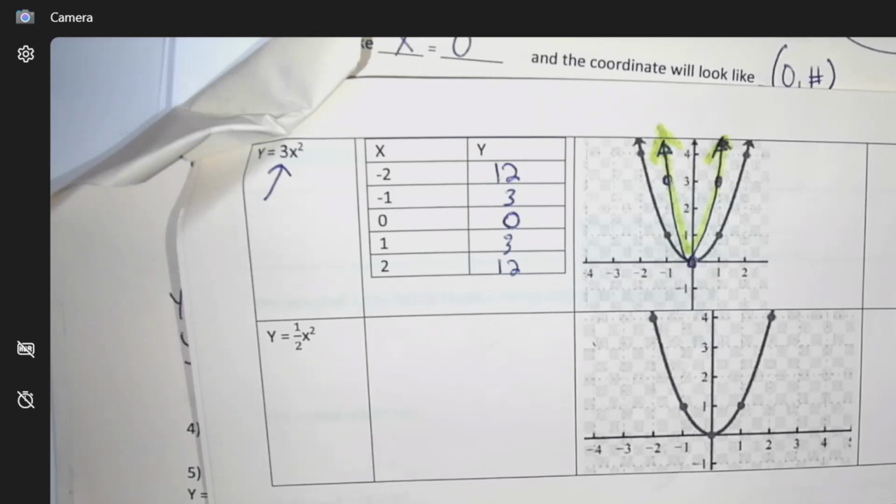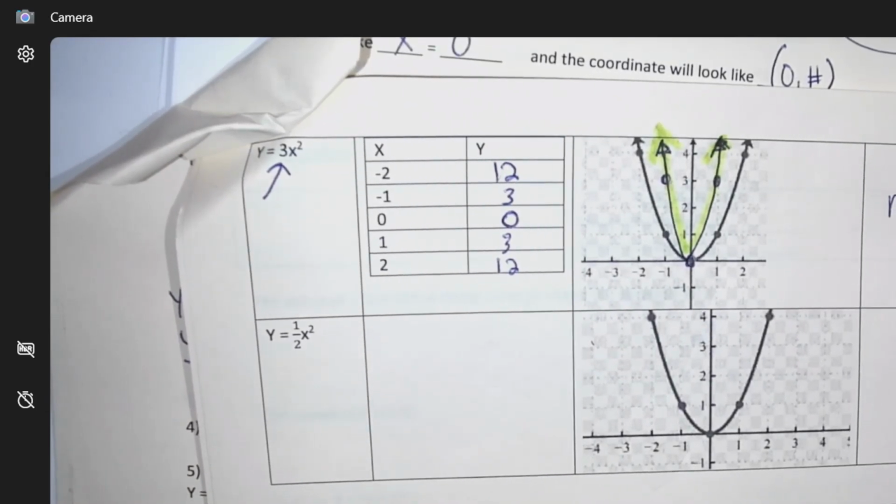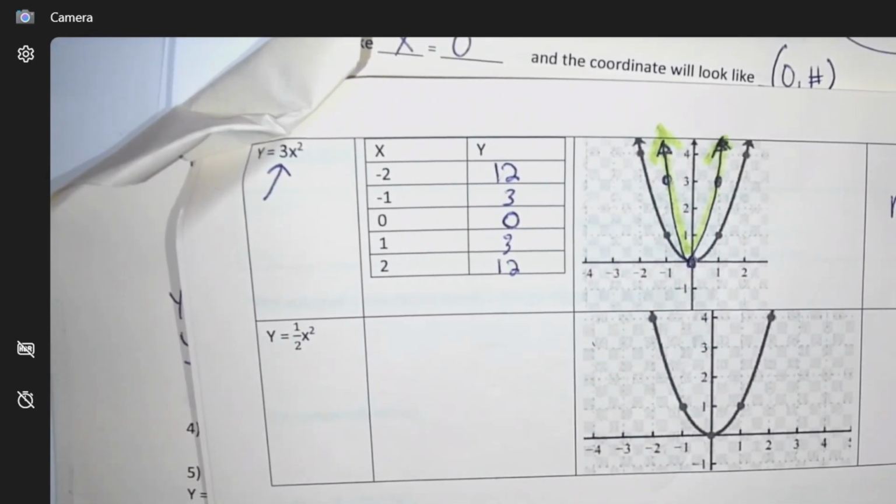So the arms were here, and now the arms are here. That's what happened. So I'm going to use the word that it narrowed it. It narrowed that parabola.